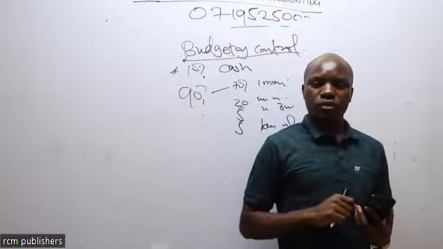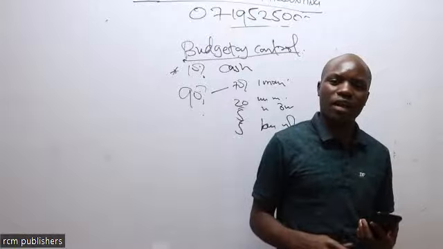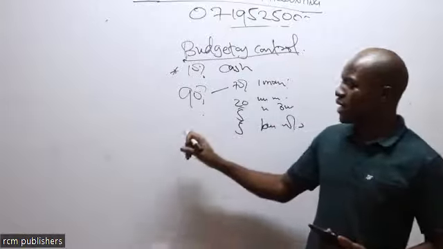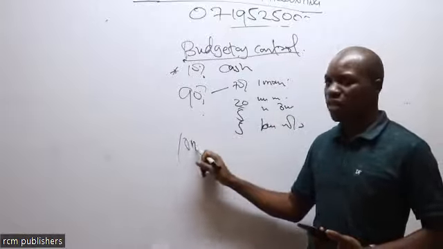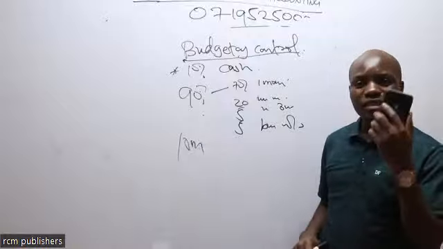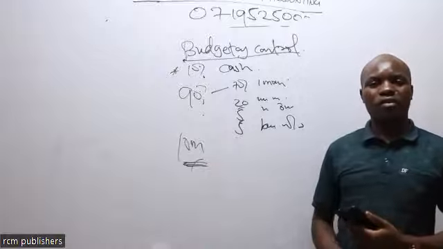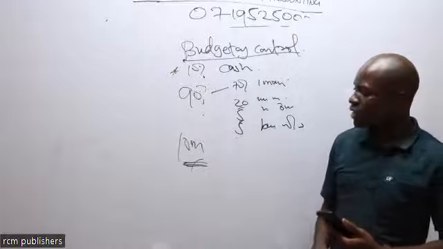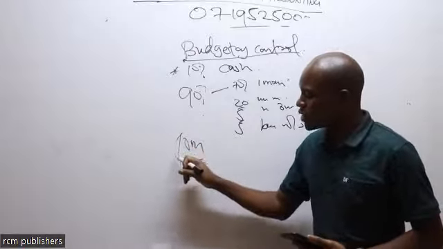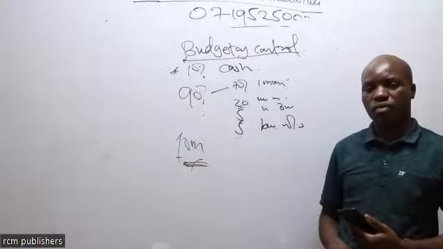Remember, we've also seen some cases whereby a company is making sales of 10 million in a month, but they don't have the cash to pay their employees at the end of the month. So some people associate sales with cash.